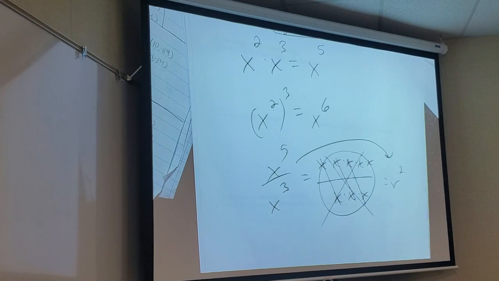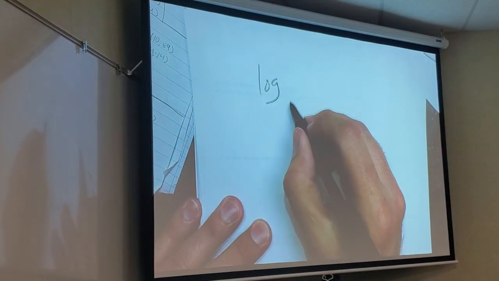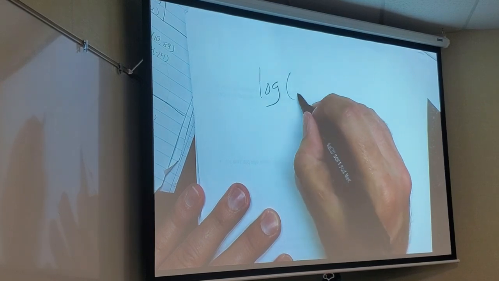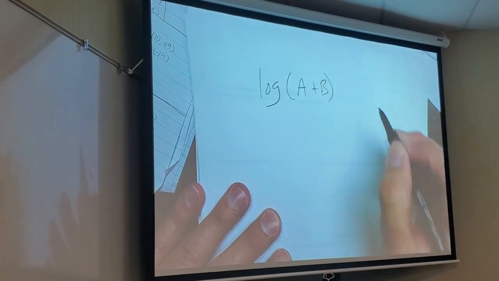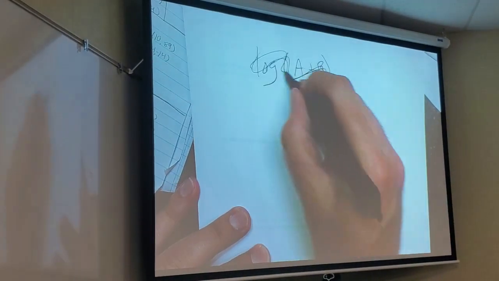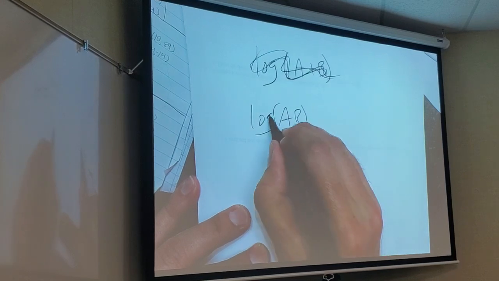So, for example, how much can I sneak in here? If I have log of a times b. Sorry, erase that, I started with a plus b. Log of a times b.